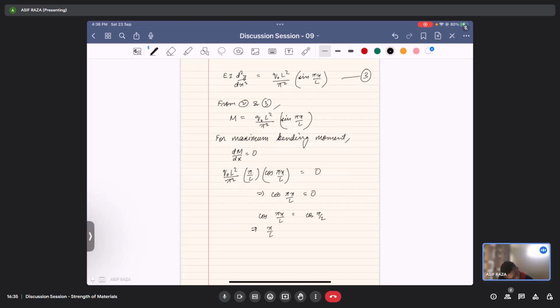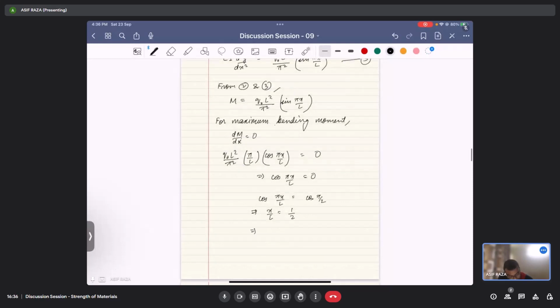So x by L is equal to 1 by 2, that is x is equal to L by 2.